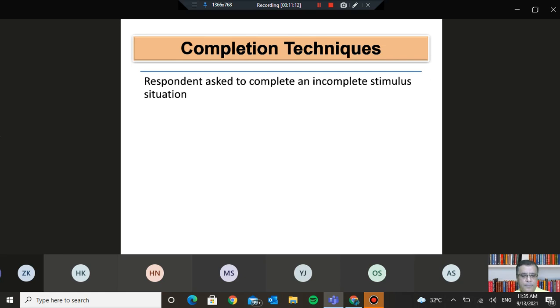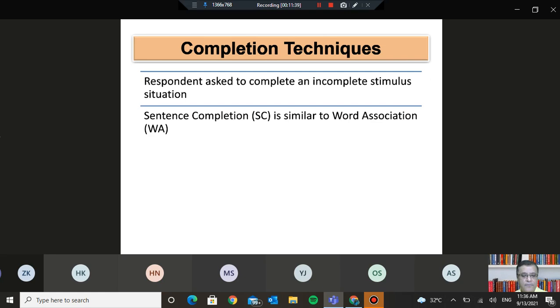We may ask the subjects to complete a paragraph, or at times it turns into a mini story also, that we give some initial stimulus, and after that we expect that the subjects will be completing that paragraph, and through that the person will be sharing the inner feelings that the person has regarding that particular stimulus word that the researcher has shared with that individual.